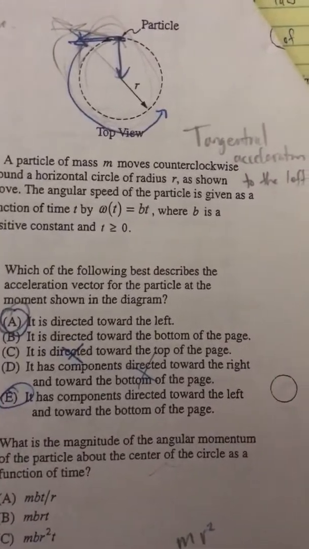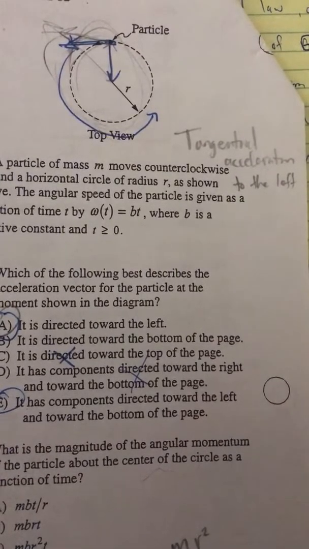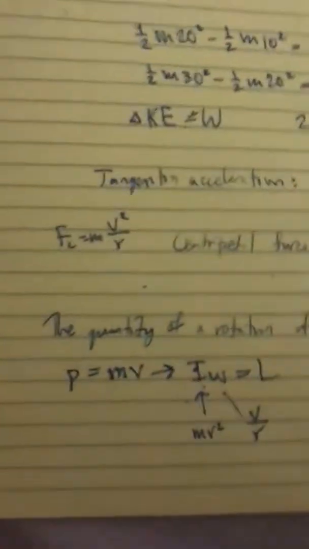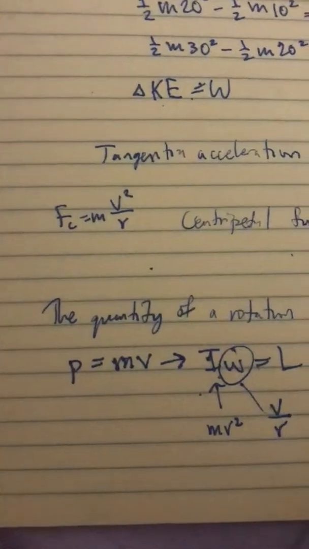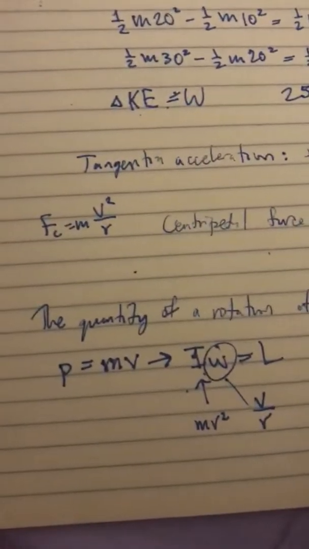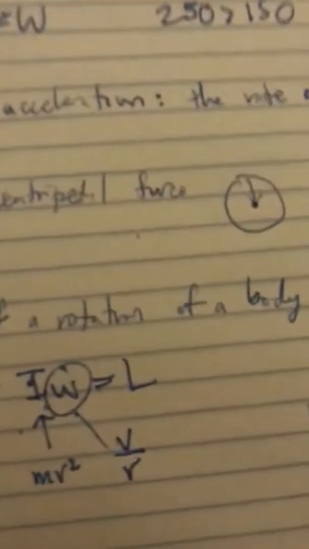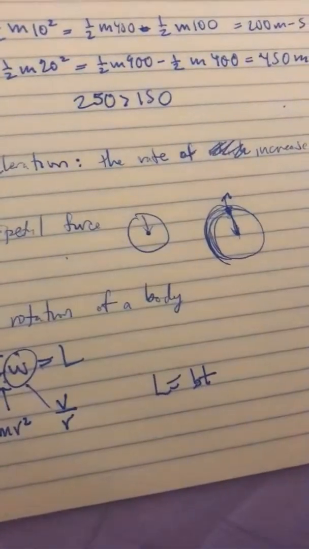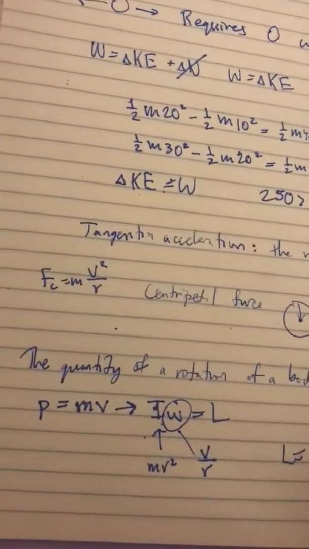They already gave us the equation for omega of t, or angular velocity, as a function of time. So we already have the equation for omega, which is just bt. Now to find L, angular momentum, we're going to need to find I, the moment of inertia.